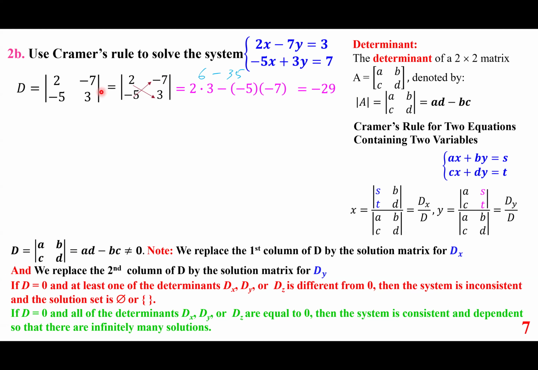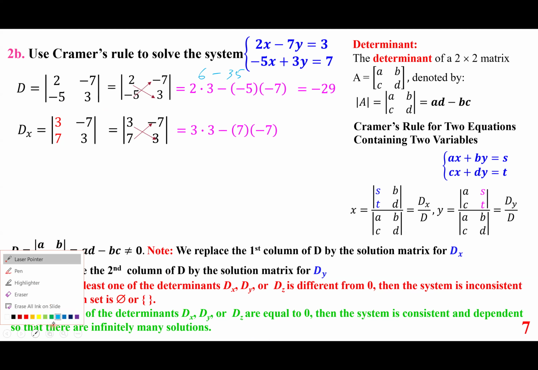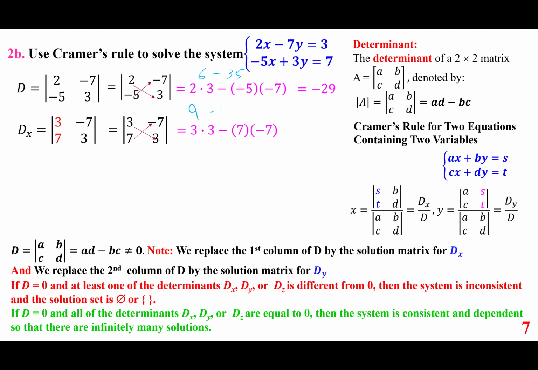Now I get rid of the first column and use the constants 3 and 7. That becomes D sub x: 3 times 3 minus 7 times negative 7, which is 9 plus 49, 58.